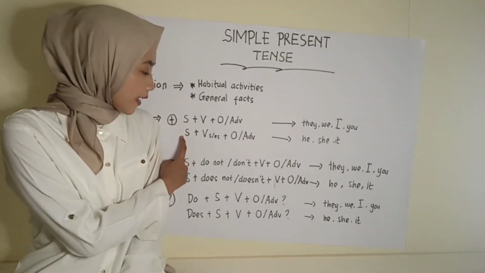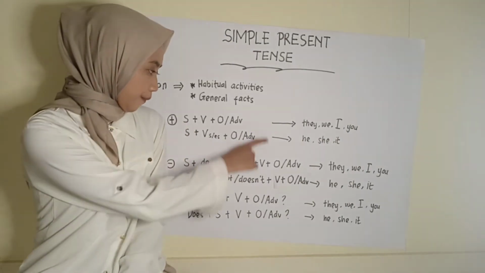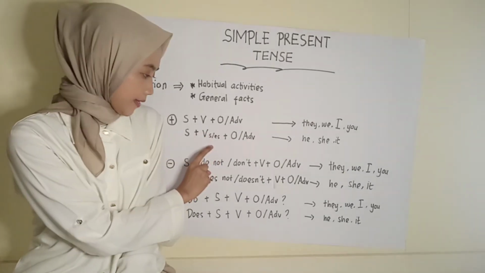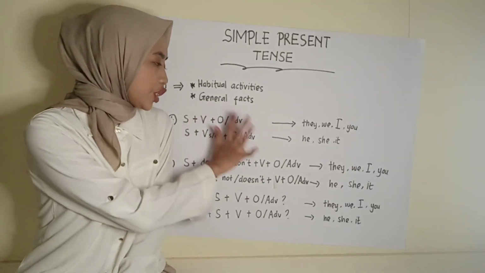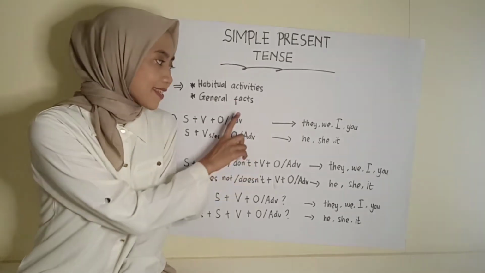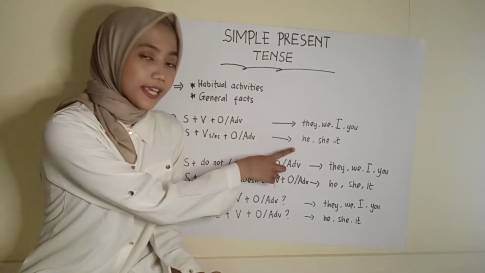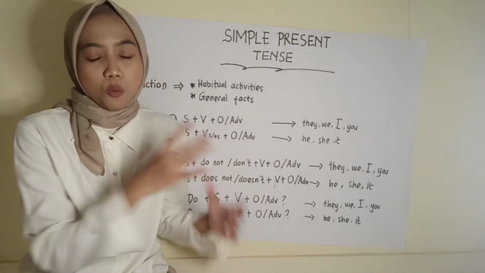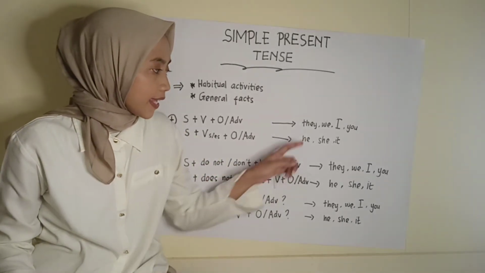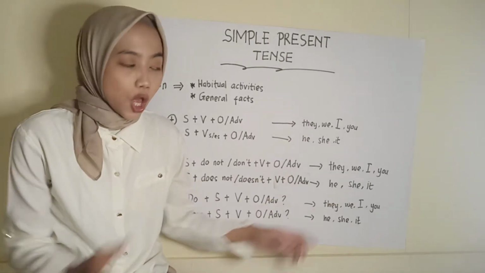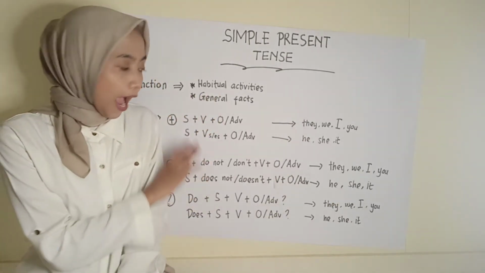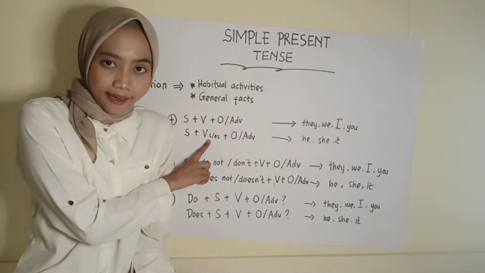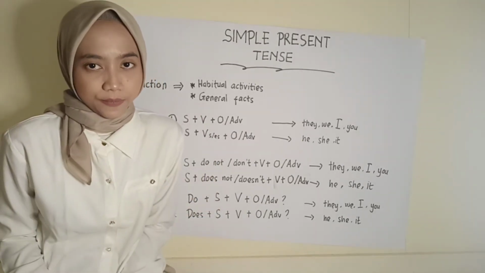And the second one, when we add s and es, is used for the subjects he, she, it. So when the subject is he, she, it, the verb has to be added by s or es.